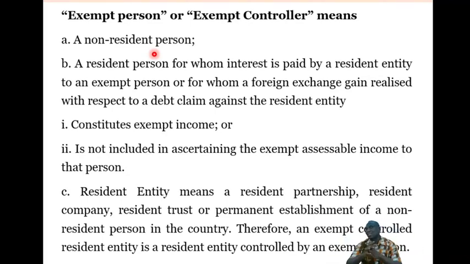It's not taxed, it's exempt. The one who receives it is not supposed to add it to his assessable income and be taxed. That is why they call the resident person an exempt person as well. I hope I've driven home the point now.